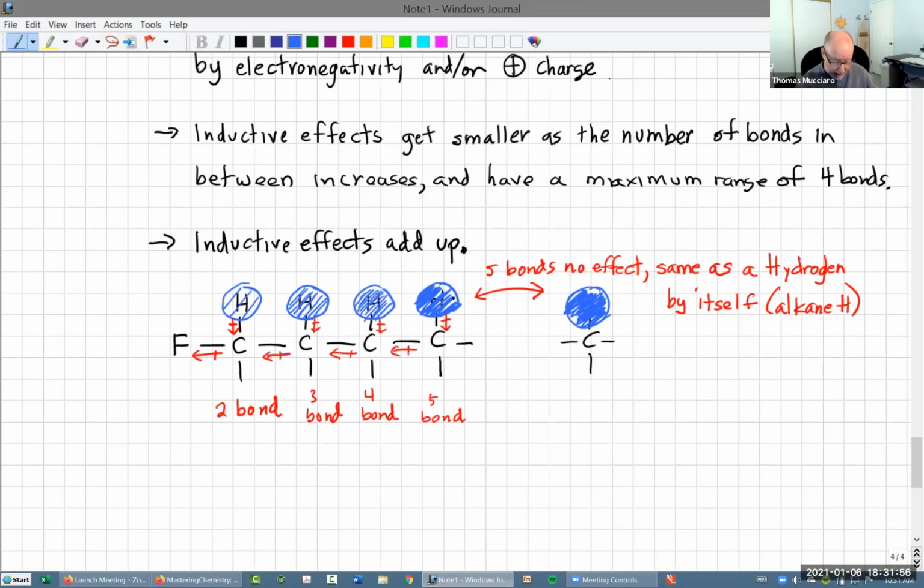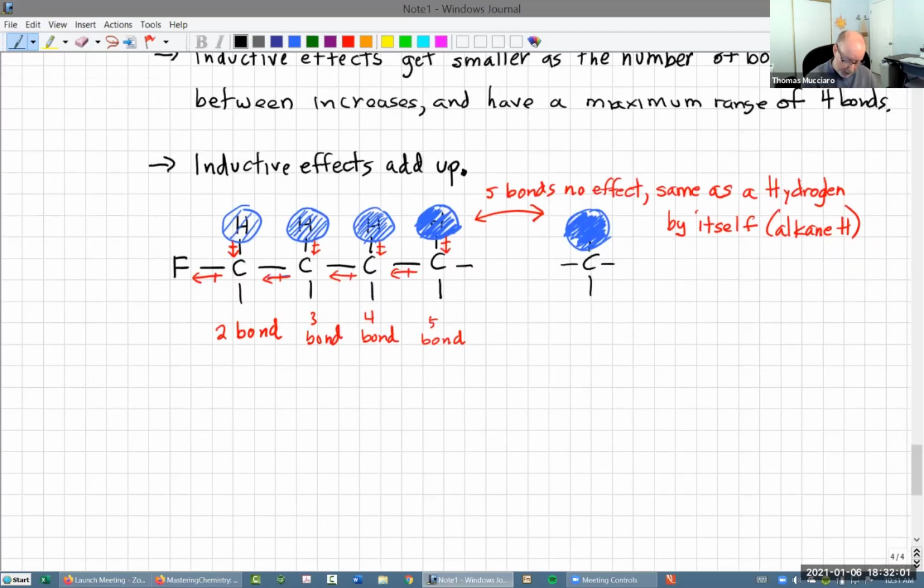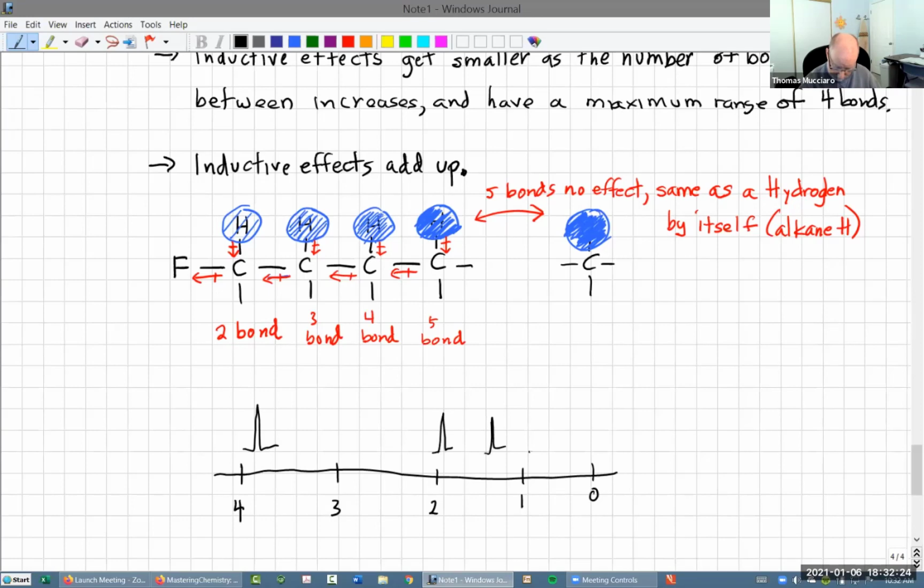So what we would then expect is that if we looked on our NMR graph, the 2-bond one would be right there.